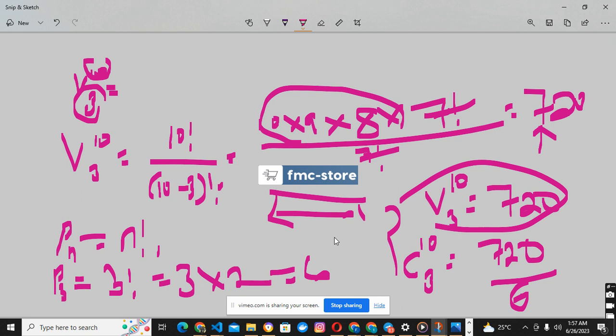So this means that we have 120 ways of selecting which colors of balls to give out.